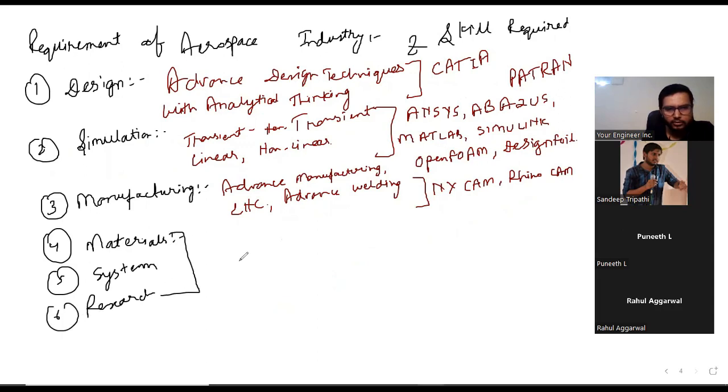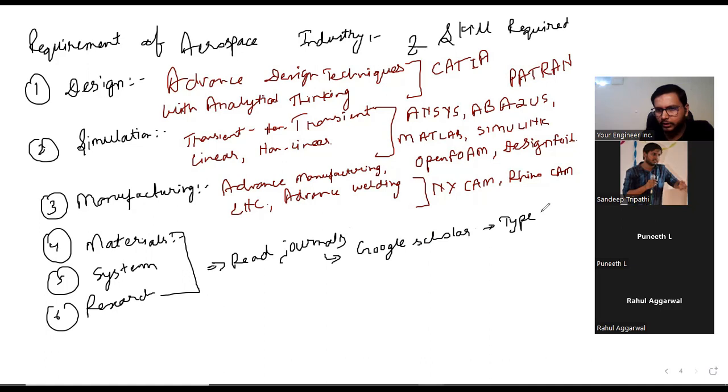They all need to read journals. What you have to do: go to Google Scholar, type into Google or Google Scholar the topic you want to read. There are various free articles that you can read. Make a habit of reading.